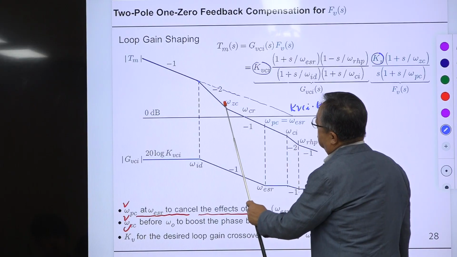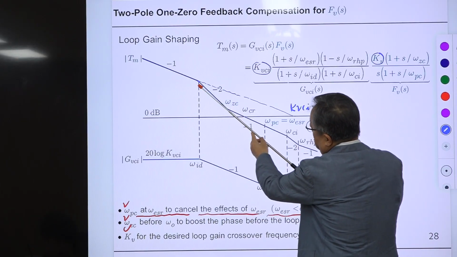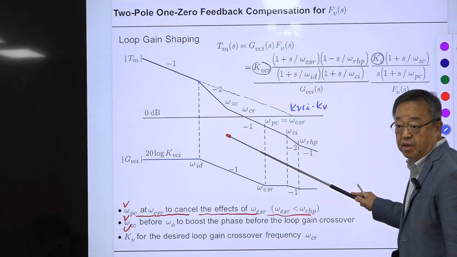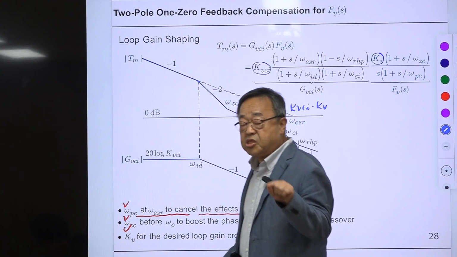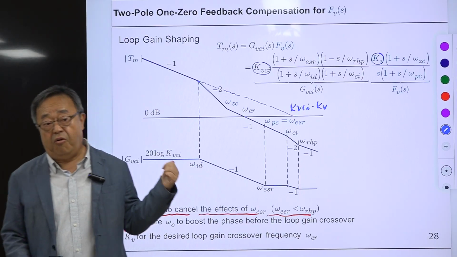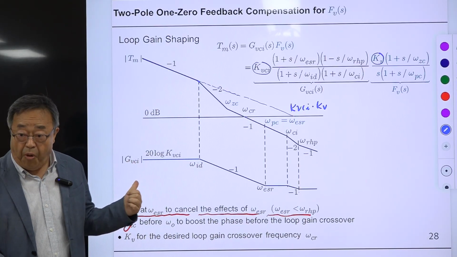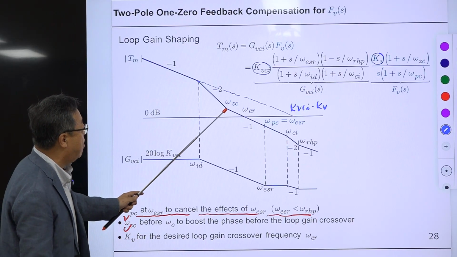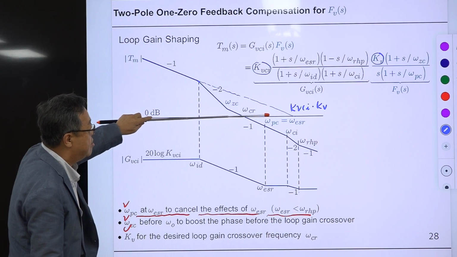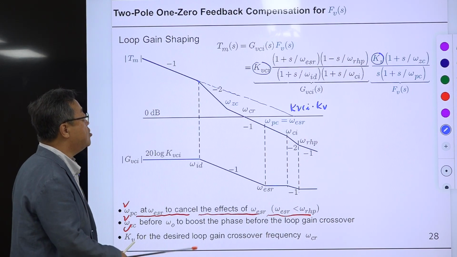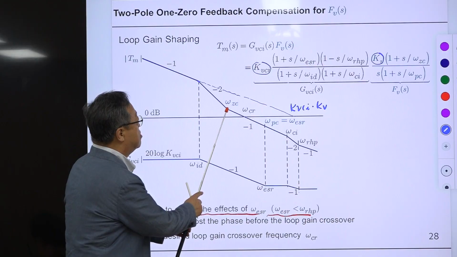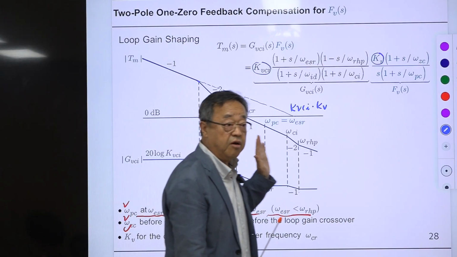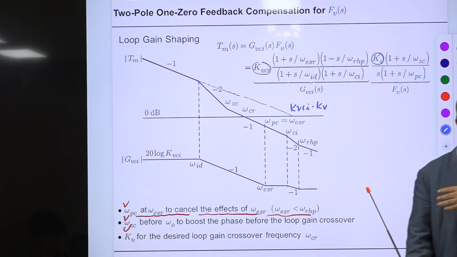If this is missing, then the -2 slope will extend up to here, and the phase will approach -180 degrees, and the converter will be unstable. To avoid that, to have appropriate phase boost, you place omega GC before the loop gain crossover frequency. There is another consideration for selecting the location of omega GC, which is not apparent here, but I'll explain that in the next lecture slide.